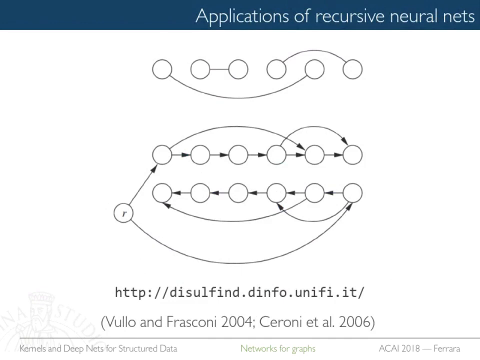We also applied this architecture for predicting disulfide bridges in proteins, which is a trick in a sense, because it's a structured output problem, but you can convert it into ranking by trying all possible arrangements of the edges. The disulfide bridges are these arrows here. This is something you want to predict in proteins.